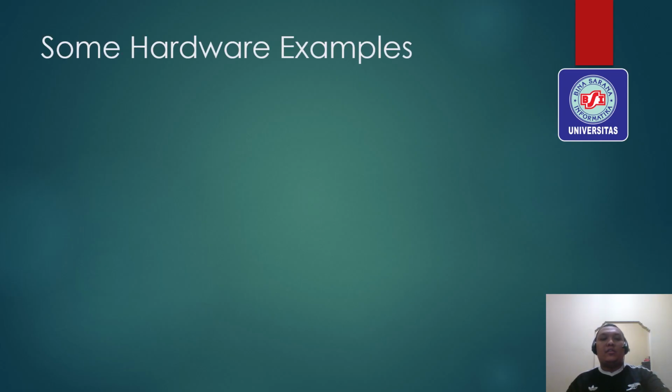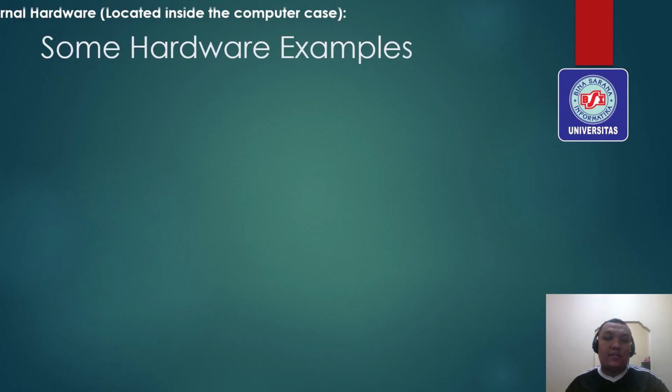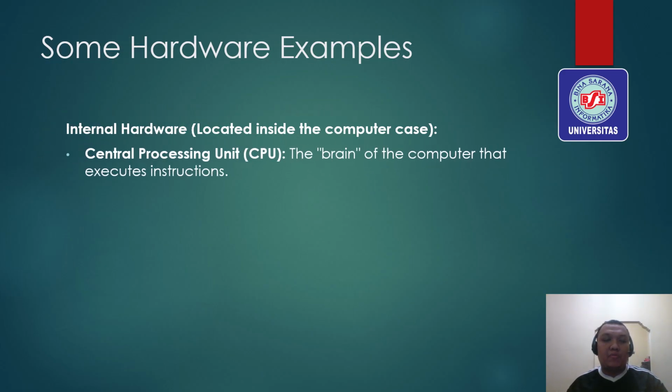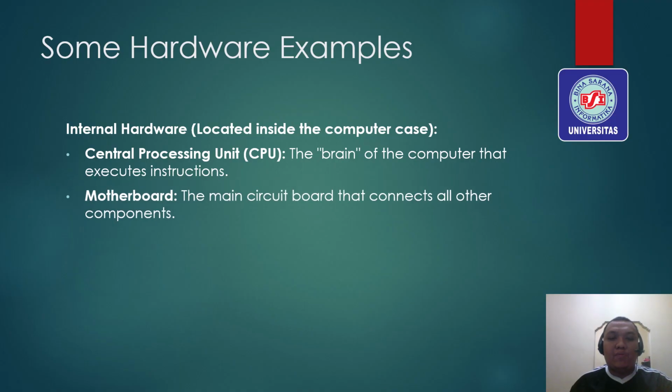Next are some hardware examples. Internal hardware is located inside the computer case. It includes the CPU, central processing unit, the brain of the computer that executes instructions, and the motherboard, the main circuit board that connects the other components.